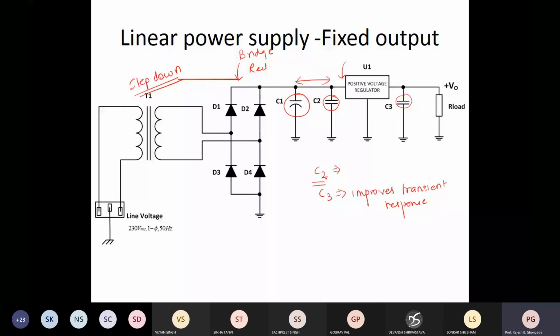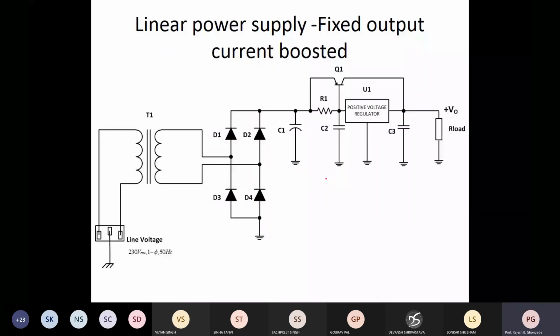Then another variation is this, very similar to the previous one, except you have an additional circuitry over here, which actually boosts the current sourcing capacity of the power supply. Now regulators, most of the times 3-terminal regulators of the LM78 series, have a typical maximum rated load of 1 ampere.